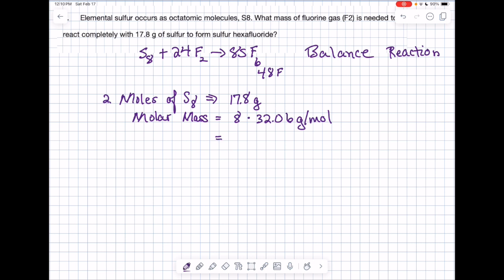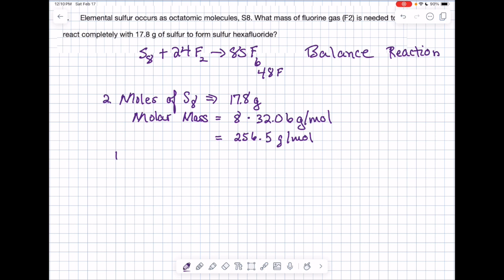So with the molar mass of S8, 8 times that is going to be 256.5 grams per mole. All right, so that is the molar mass of our S8. Now, how do we calculate the number of moles?